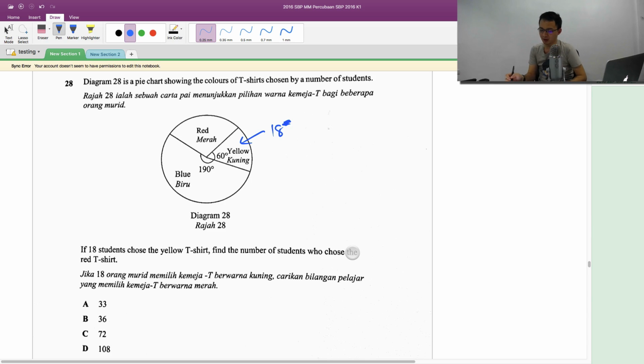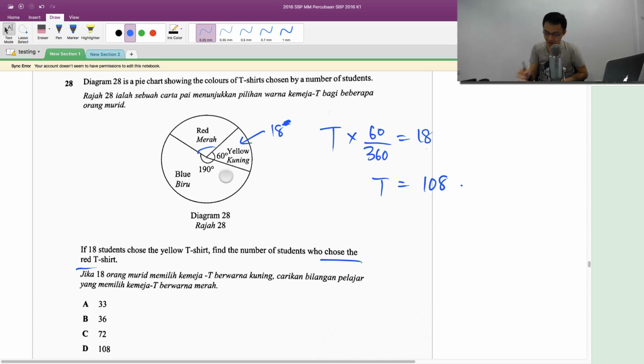So I want to know about the total. Let's say total I use T. Total multiply 60 degree over 360 degree, I should get 18 students. So I can know the 18 students is 18 multiply 6. You simplify this equation, you should know total is 108 students. Now the question actually asks you to find the red color.